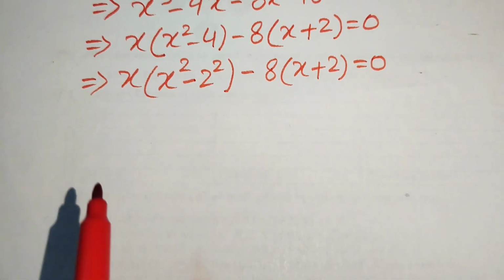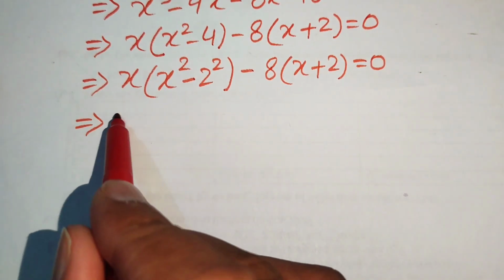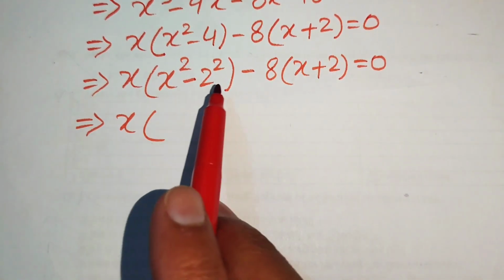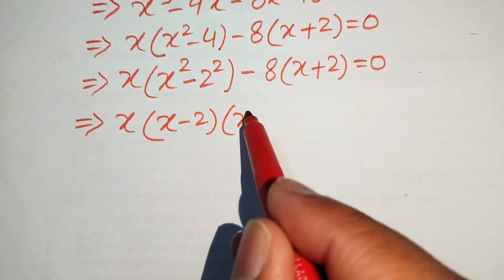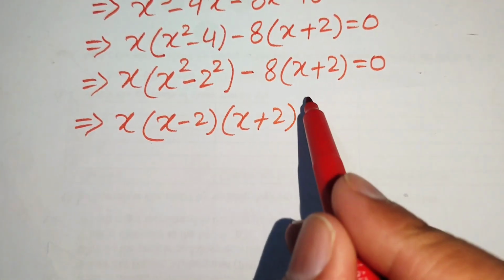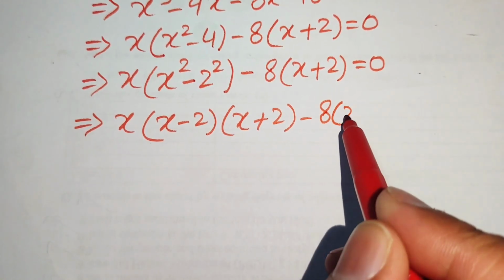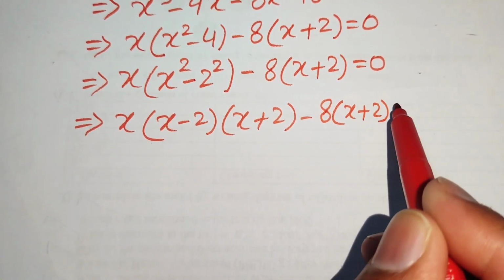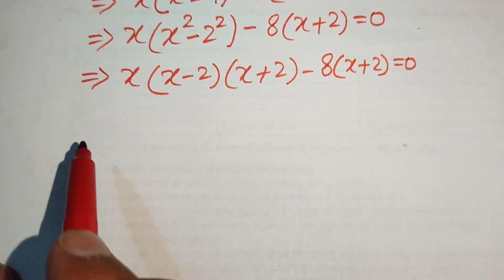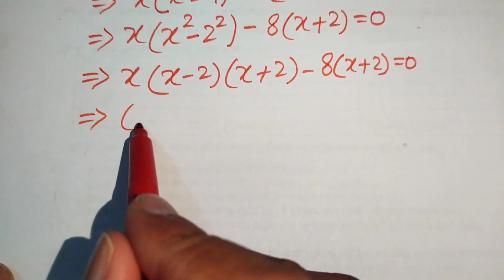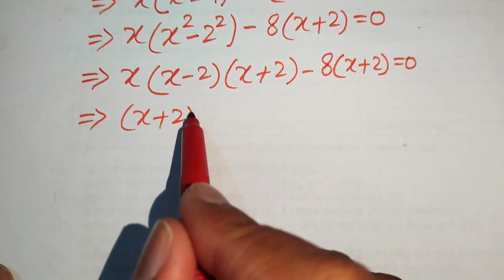Here we need the nice square identity. You know about this identity: a squared minus b squared. So this becomes (x minus 2) times (x plus 2), and here you have minus 8 into (x plus 2) equals 0. Now you focus on both of these terms, and you see we have x plus 2 as the common term.